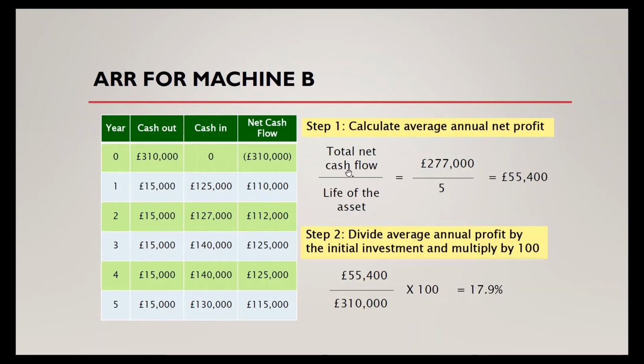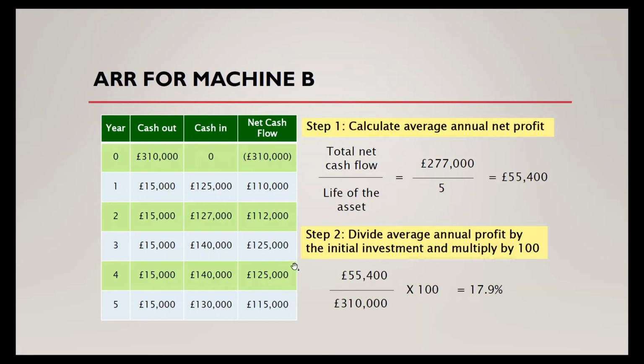To calculate the average annual net profit, first of all, we have to divide the total cash flow by the life of the asset. And to calculate the total cash flow, we have to add up all of the net cash flows. Therefore, in this case, it's a negative 310 plus a positive 110,000 plus a positive 112,000 plus a positive 125,000 plus another positive 125,000 and plus another positive 115,000.